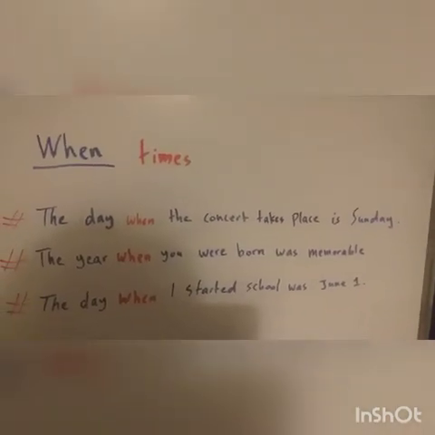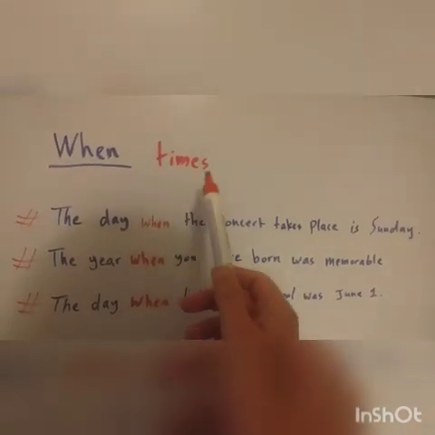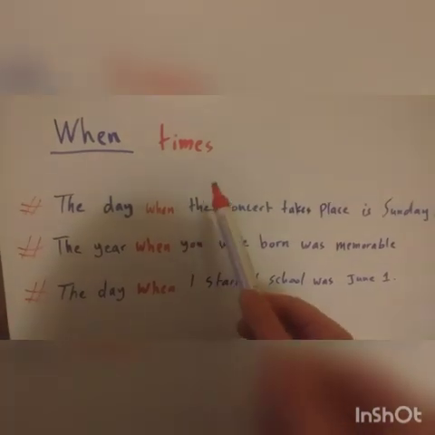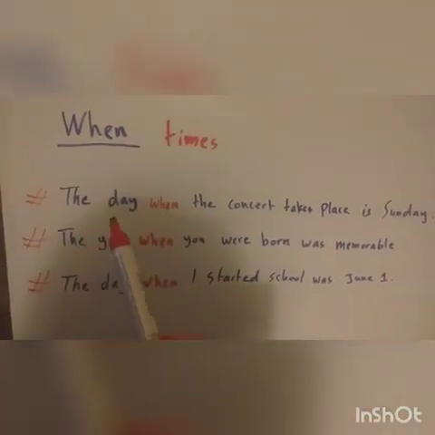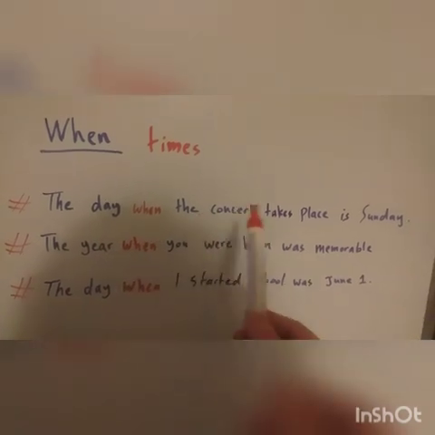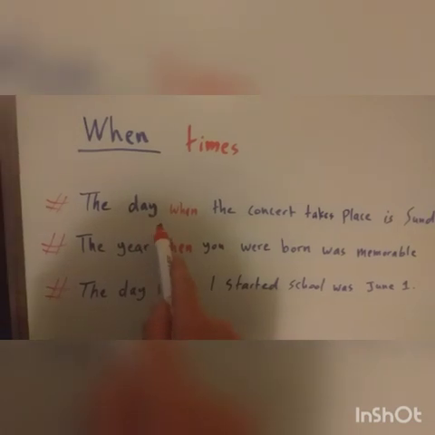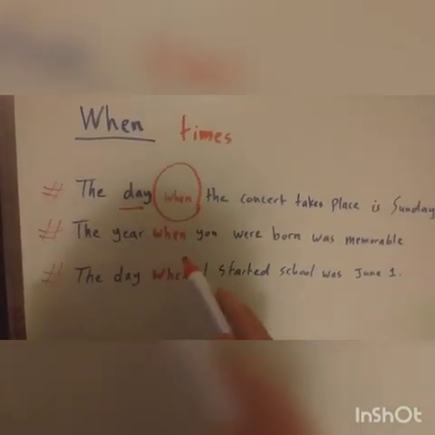The last relative pronoun that you need to learn about is for times. We use when we talk about times. Let's look at the examples. The day when the concert takes place is Sunday. Here we're talking about the day, and it's a time, so we use the relative pronoun when.